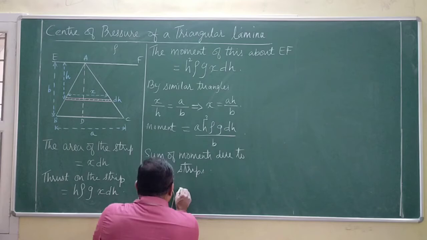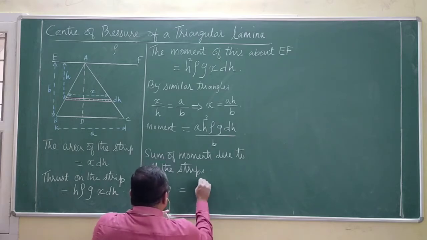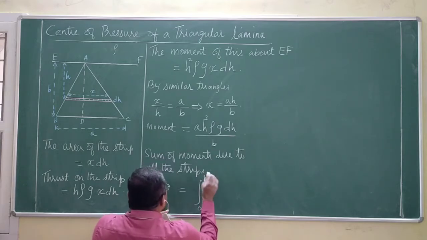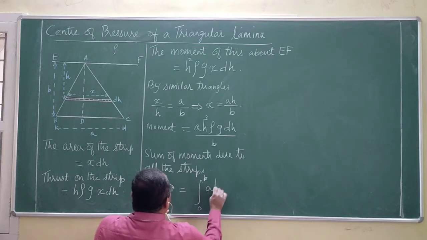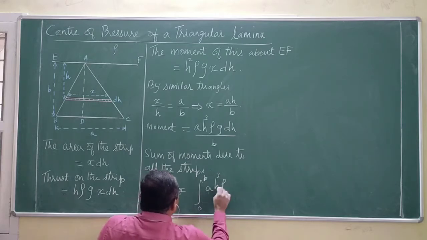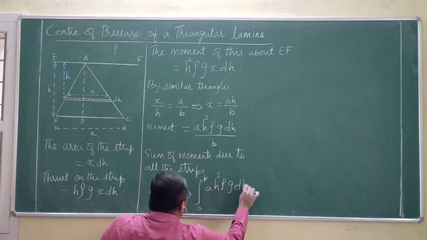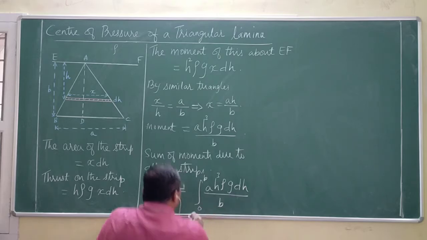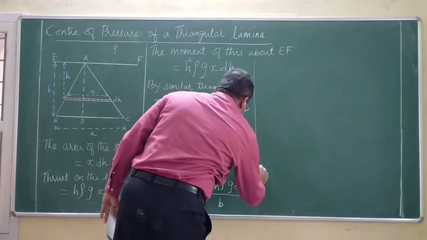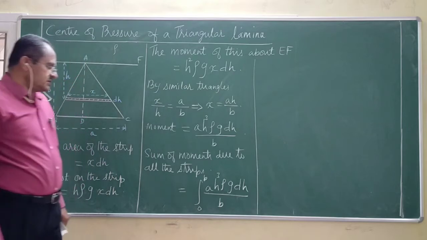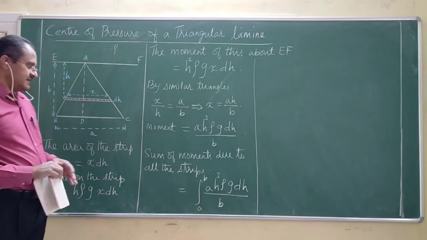Therefore, I write it as the integral 0 to b of a h cube rho g dh upon b. I suppose you are able to follow what I have said here, right?